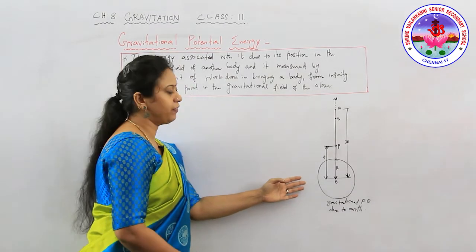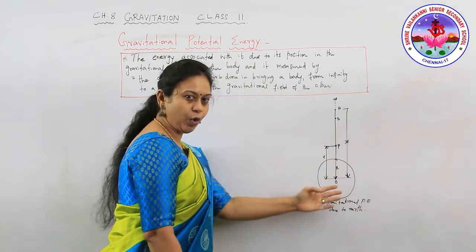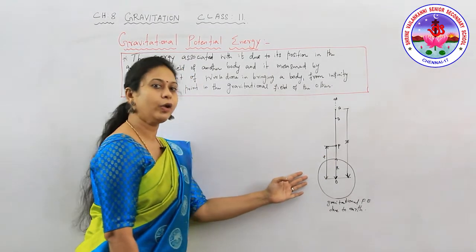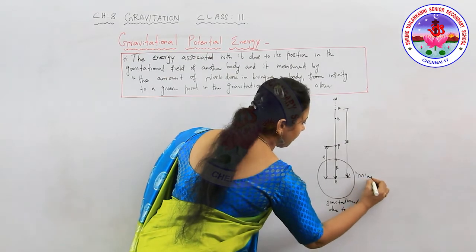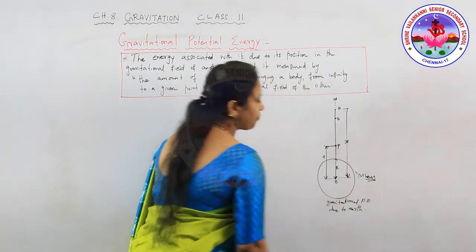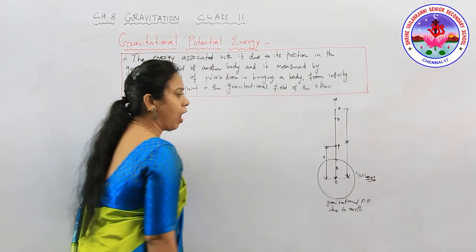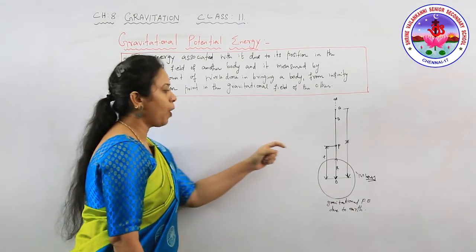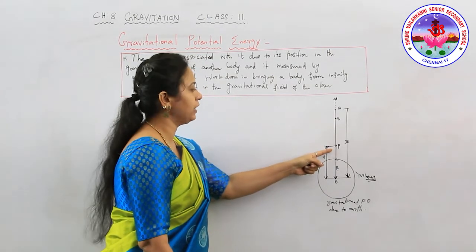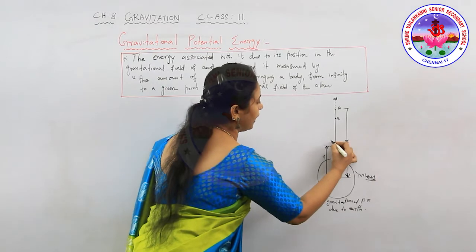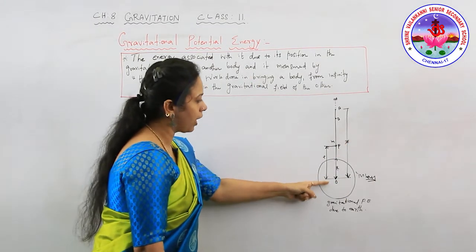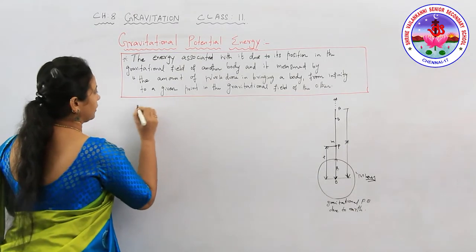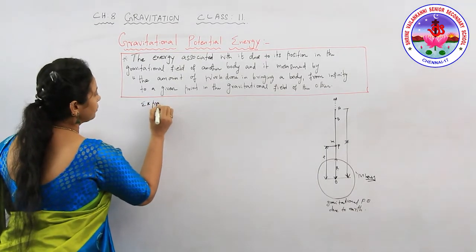As we know very well, we are always taking the earth as a uniform sphere of mass M and radius capital R. The mass m is located at the point P, with OP equal to R. This is the expression.